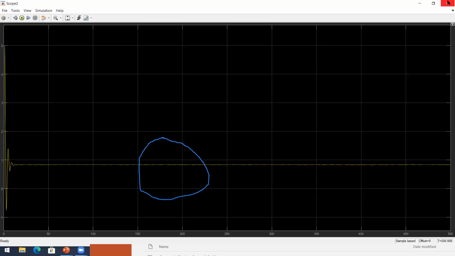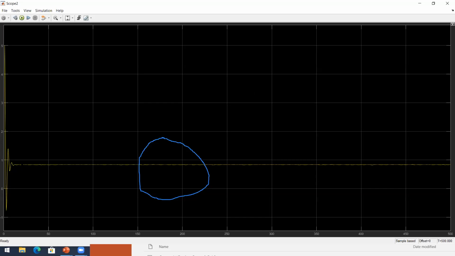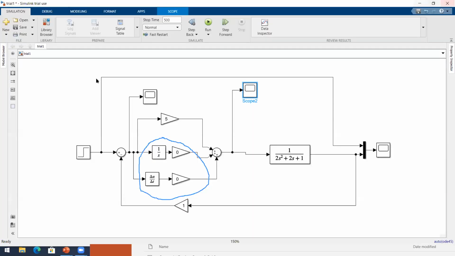So you see this, what did I click? I clicked after the controller. The signal that comes out of this controller can be seen here. This is what I see, close to 0.9, and this is the signal which goes inside. How did I get that? I multiplied the error with this gain.